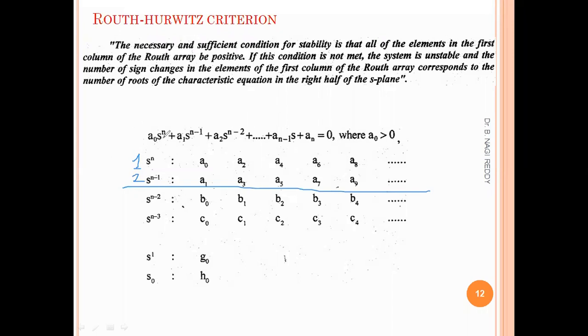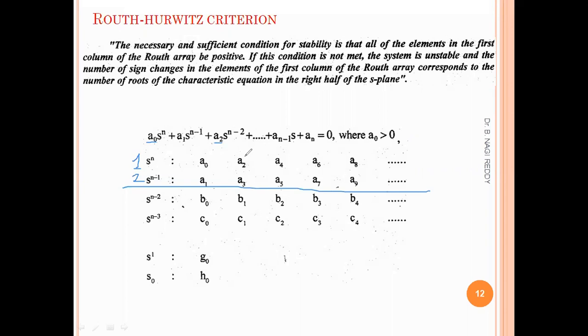You can see this characteristic equation starts with s power n. So the first row will be s power n, and the coefficients will be here. The s power n coefficient will be written directly in the first column, and in the second column the s power n minus 2 coefficient, which is a2.